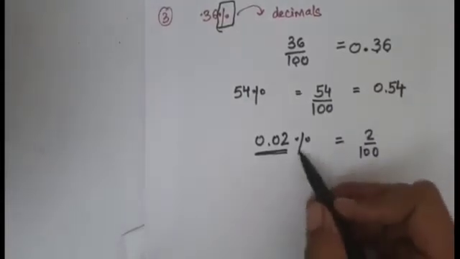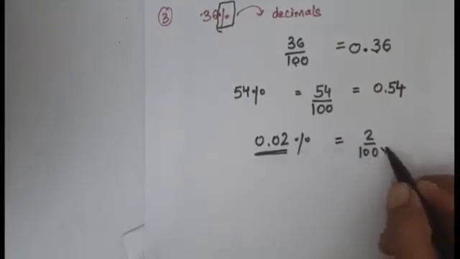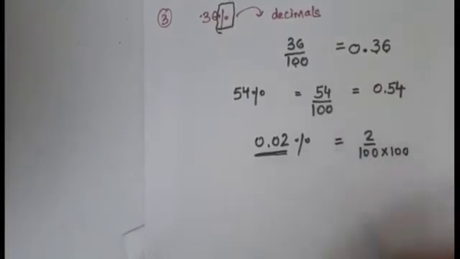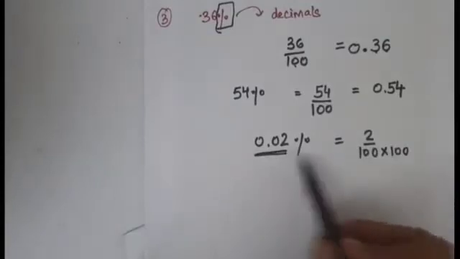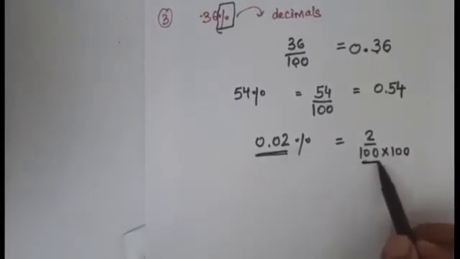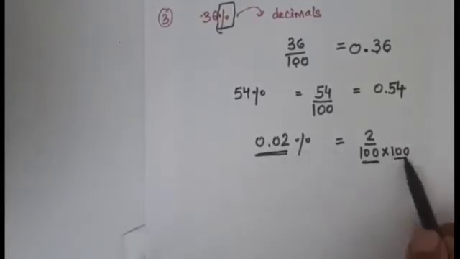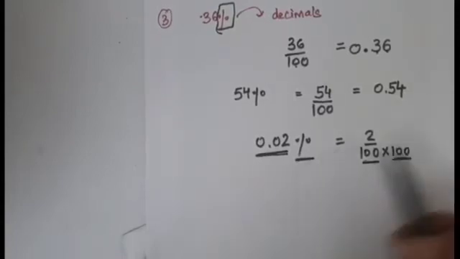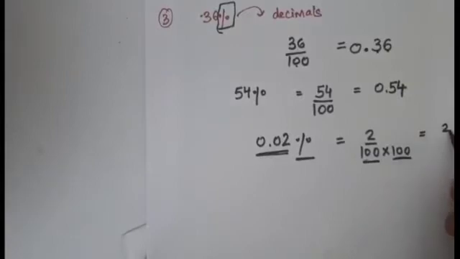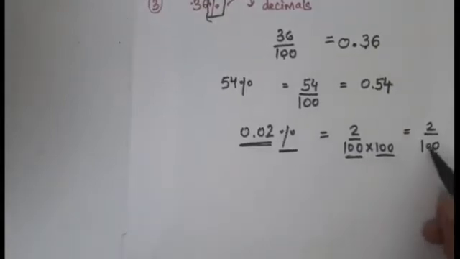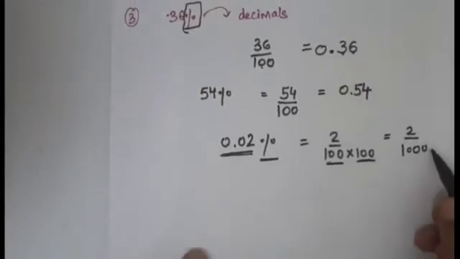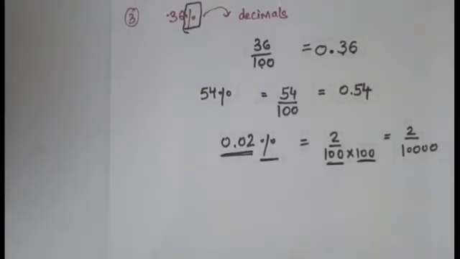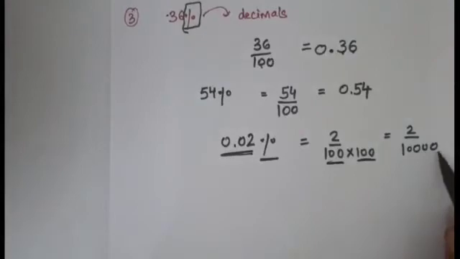For the percentage, we put 100 in the denominator. This we have removed the decimal and this 100 is for the symbol of percentage. So what we get? 2 upon 1, 1, 2, 3, 4. Clear?